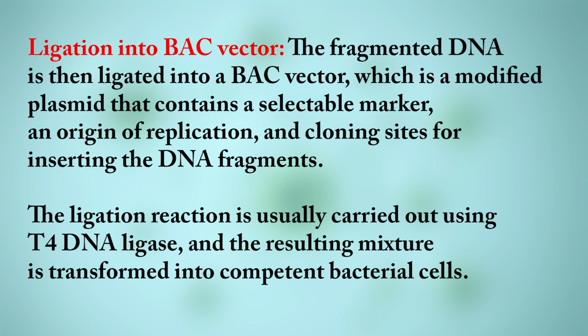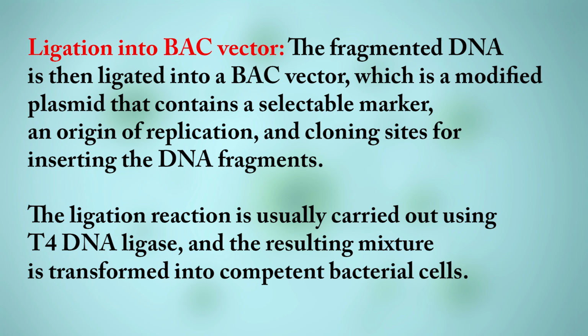So, this is the site where you insert the gene of your interest and ligate it into the bacterial artificial chromosome, and T4 DNA ligase is the enzyme you add in the reaction mixture, so that you can add the new DNA into the bacterial artificial chromosome, because it is a natural mechanism of conjugation which helps the F factor to be utilized as a bacterial artificial chromosome.